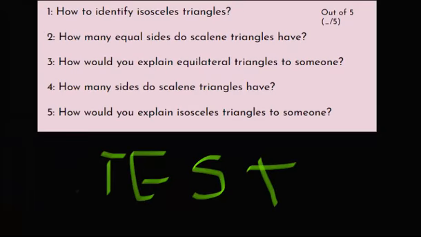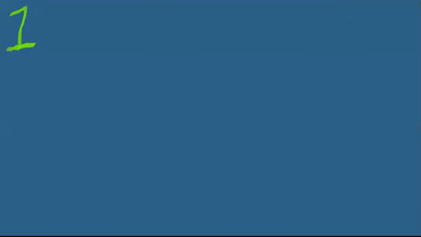So this is the question number one page. And let's take blue. So the first question, if you look over here, was how to identify an isosceles triangle. If you remember, an isosceles triangle is a triangle with two equal sides.